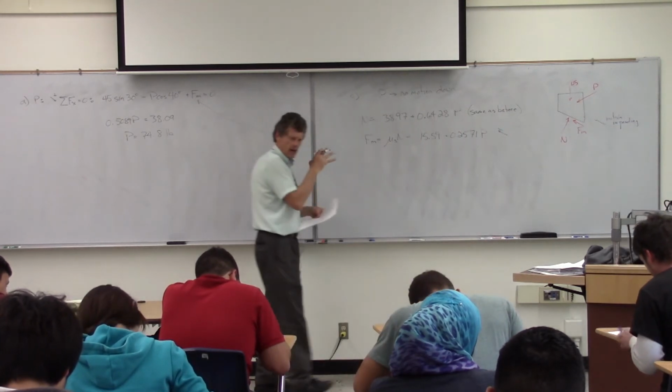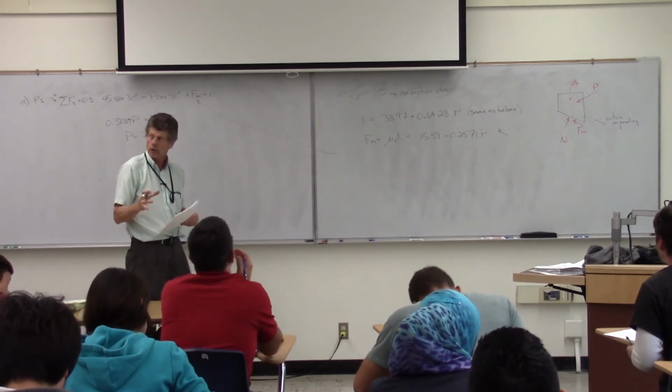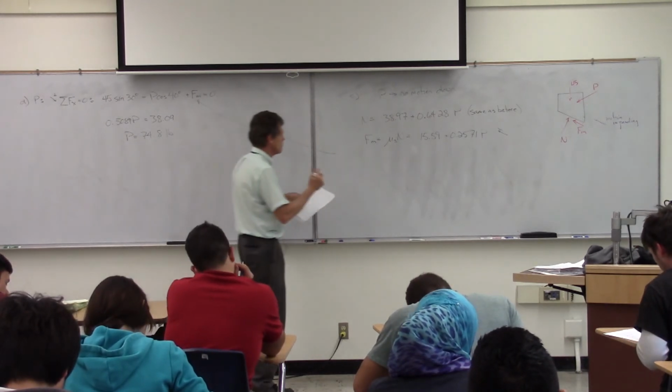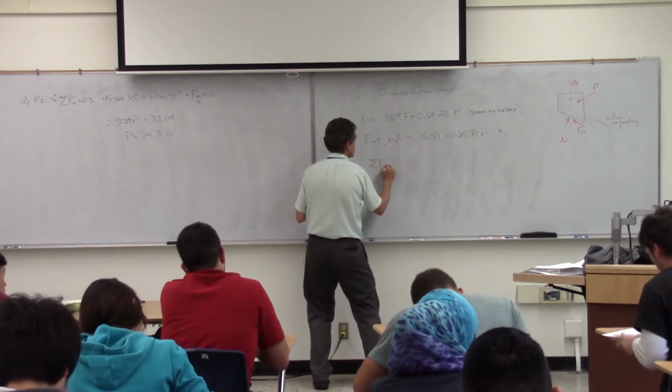Okay, basically the calculation for this is the same. What's going to be different, though, is that its direction is going to be different. And where that comes into play is when we sum our forces in the x direction.